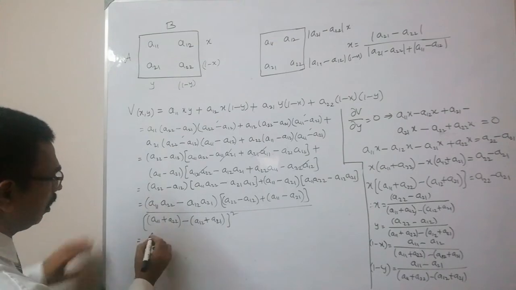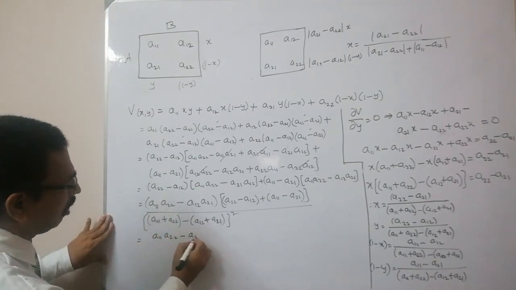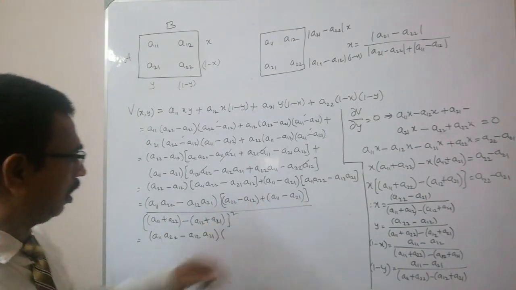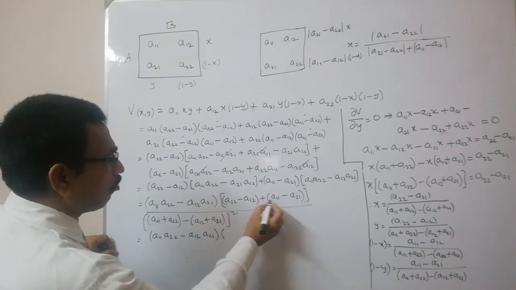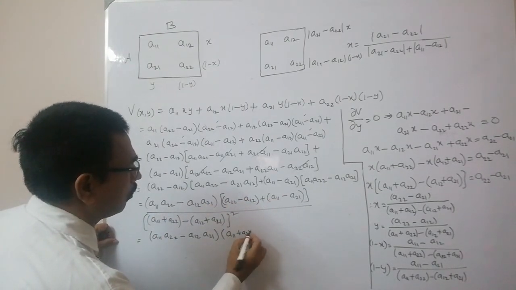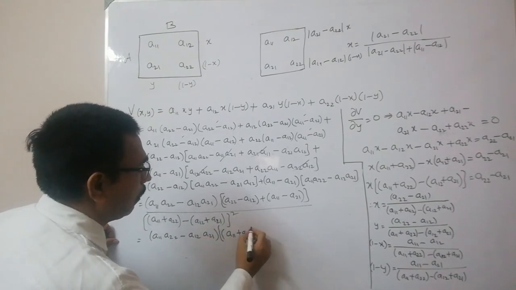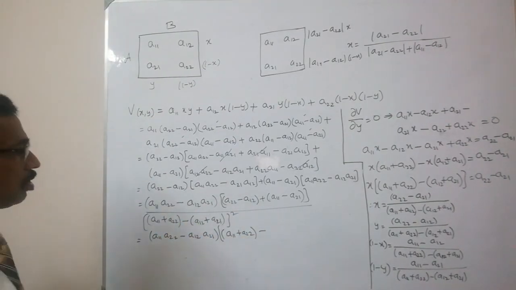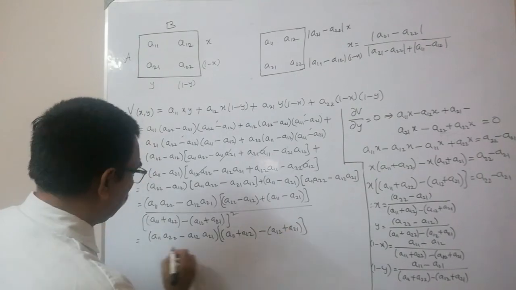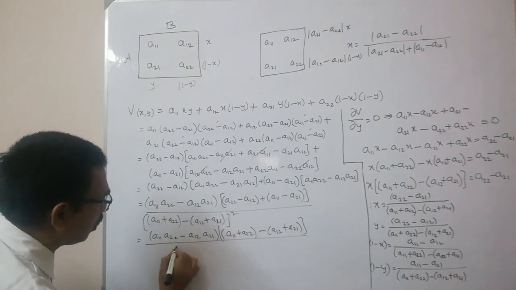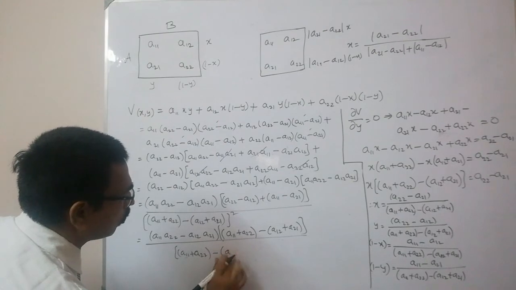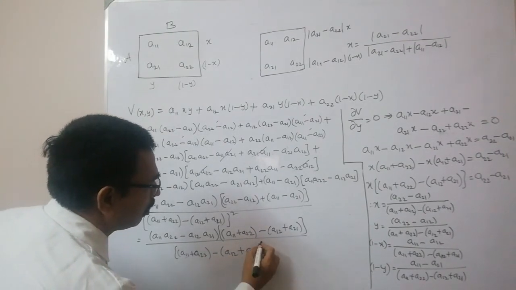Now here a11 a22 minus a12 a21 into, this can be rearranged: a11 plus a22 plus a11 is there, so we can write a11 plus a22, we can take minus common out, so a12 plus a21, by a11 plus a22 minus a12 plus a21 whole square.